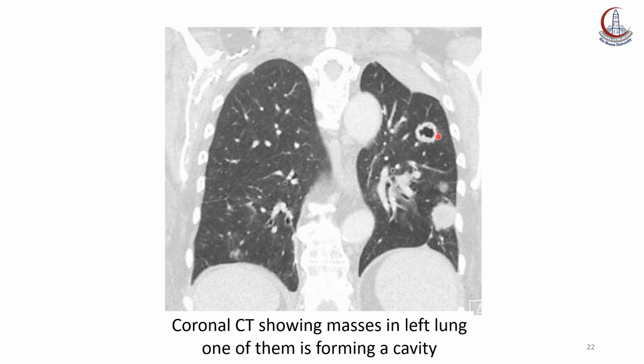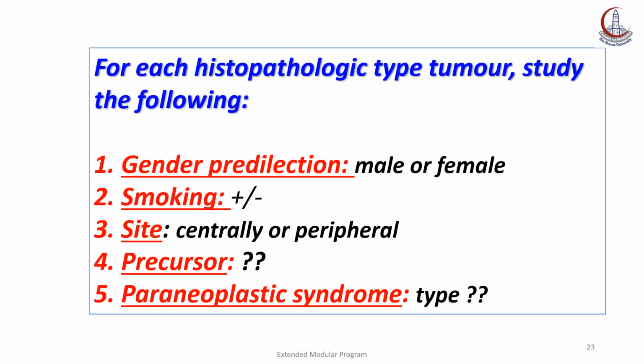One of them shows a central cavitation. For each histologic type of bronchogenic carcinoma, you have to study the following: gender predilection, male or female, association with smoking or not, the site, central or peripheral, the precursor, and presence of paraneoplastic syndrome and type of syndrome.